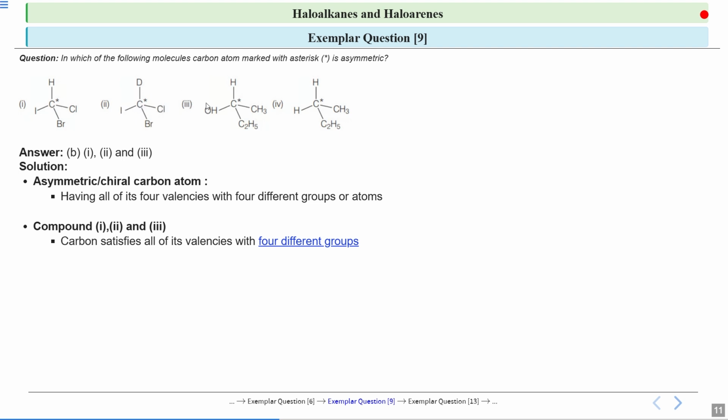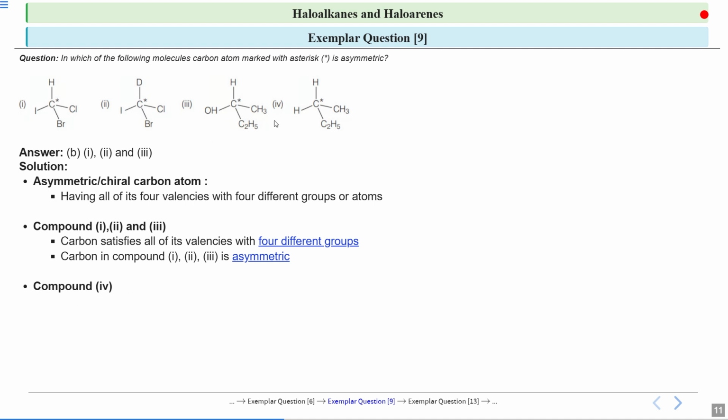In the third molecule also, the carbon is connecting with hydrogen, hydroxyl, ethyl, and methyl. All are different groups, right? So all of its valencies are occupied by 4 different groups in the first, second, and third molecule. Carbon in the compounds first, second, and third is hence asymmetric.